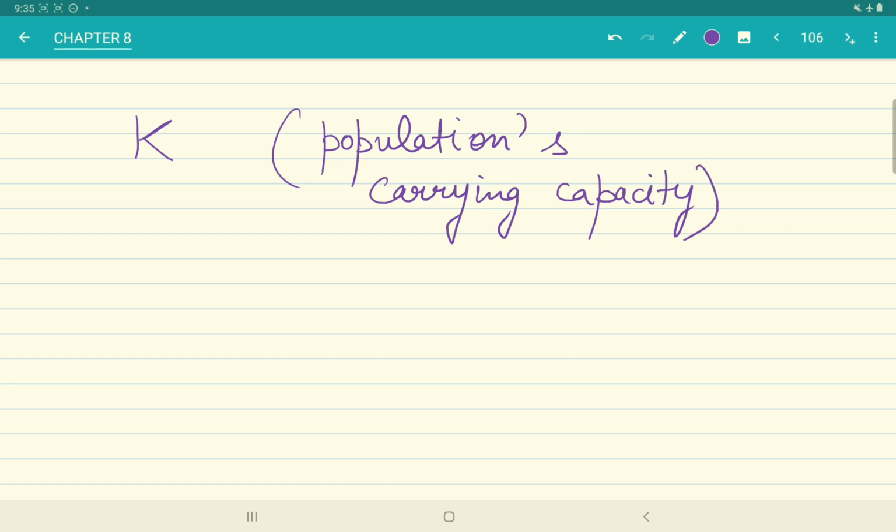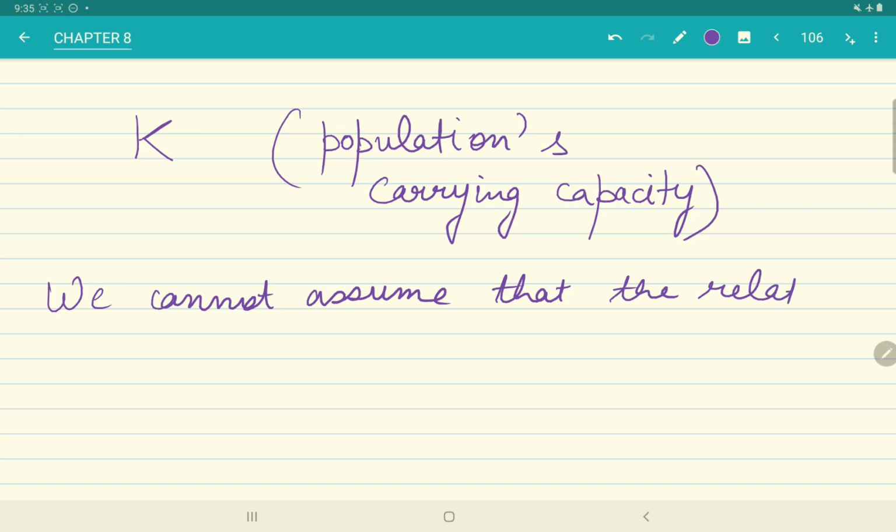So in this case, we can write that we cannot assume that the relative rate of increase is constant.